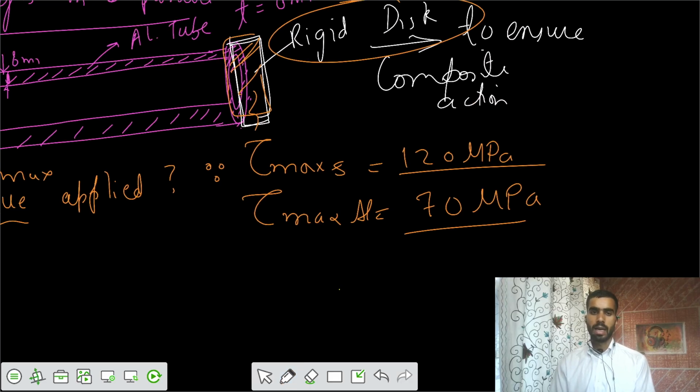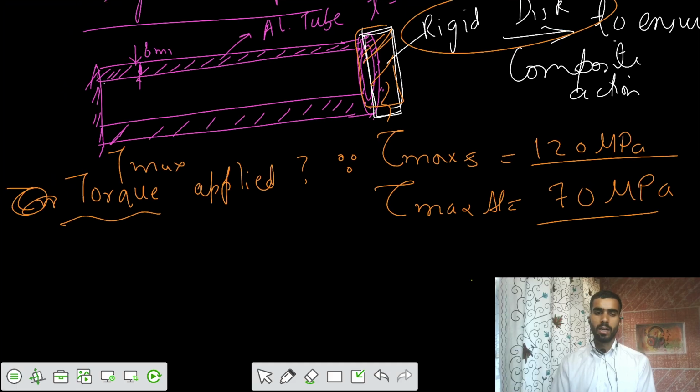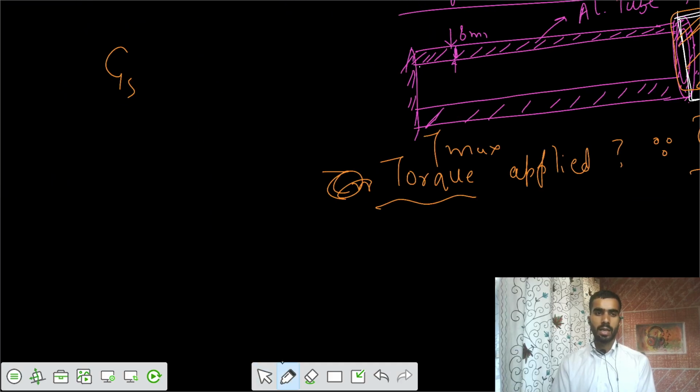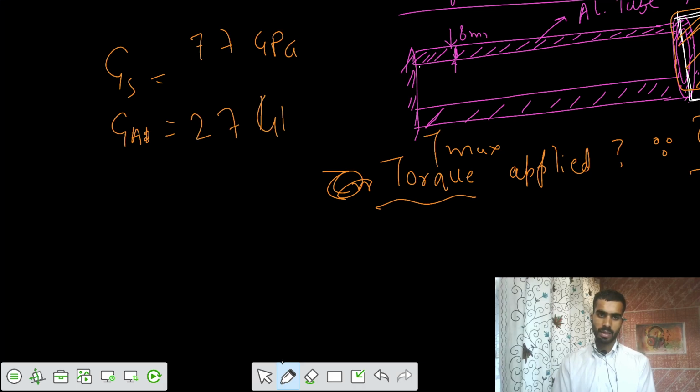And one more thing is that the value of G for the steel and G for the aluminum is 77 gigapascal and 27 gigapascal respectively. So you need to get the value of Tmax.